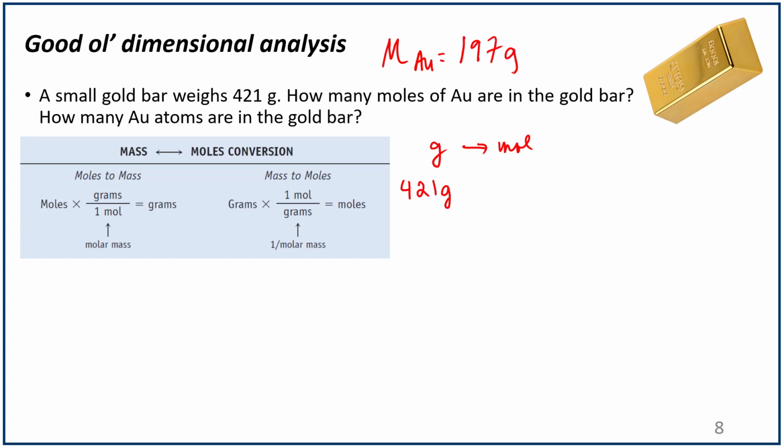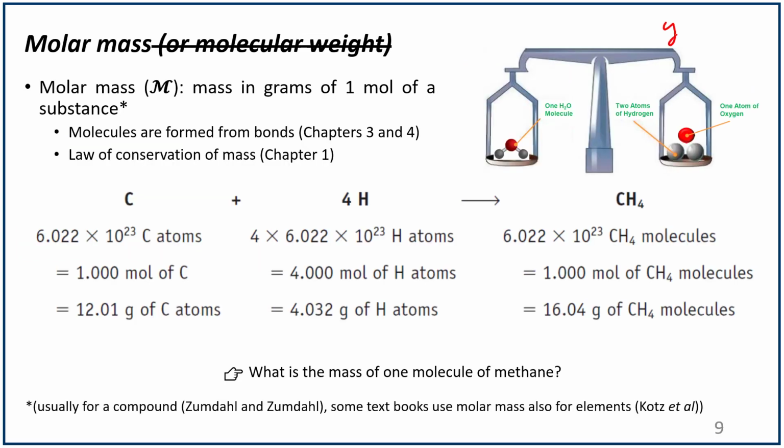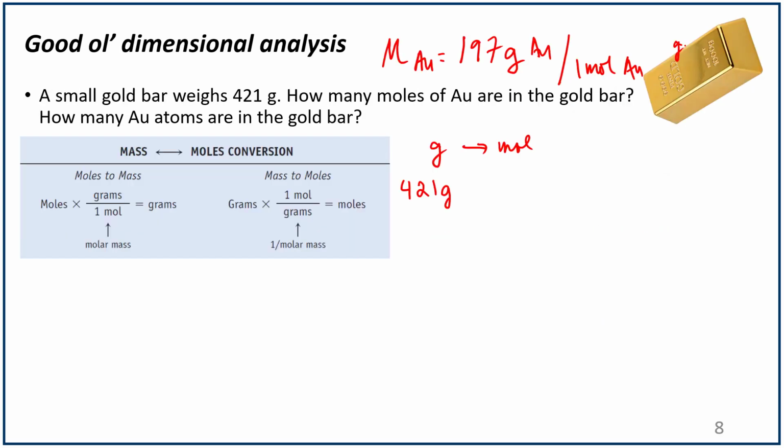But remember that that is 197 grams of gold per 1 mole of gold. Usually all of those numbers in the periodic table are in the units gram per mole, just an FYI. So here, we can use this dimensional analysis factor to convert grams to moles.